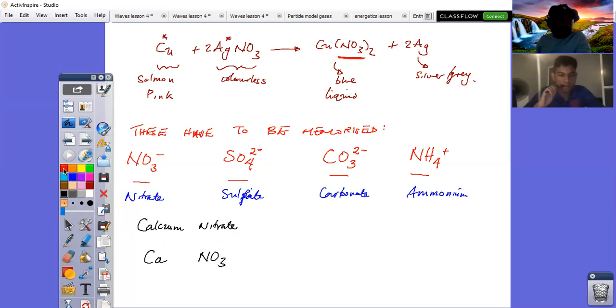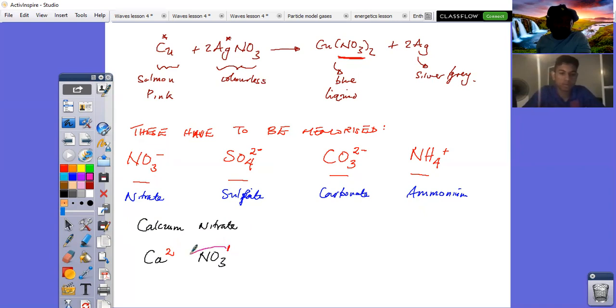Now, what's the charge on a nitrate ion? We're just going to be concerned with the number, we don't have to worry about the sign. So it's 1. What about calcium? 2. Correct. And what would you do next?